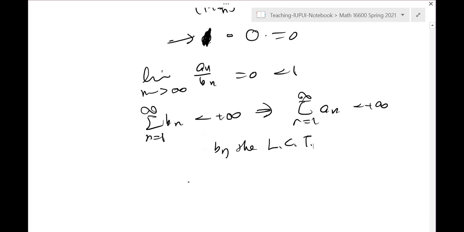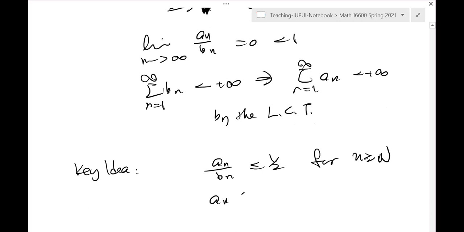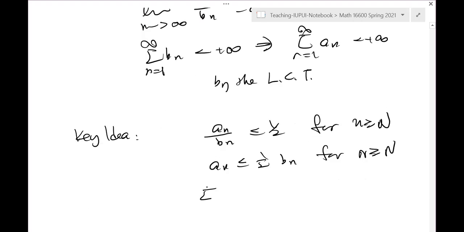The reason is, here's a key idea: because the limit is 0, an over Bn is less than or equal to 1/2 for large n. Therefore, you have this inequality, right?